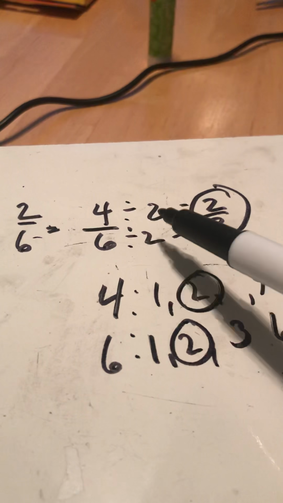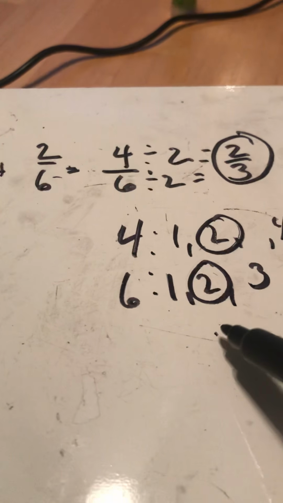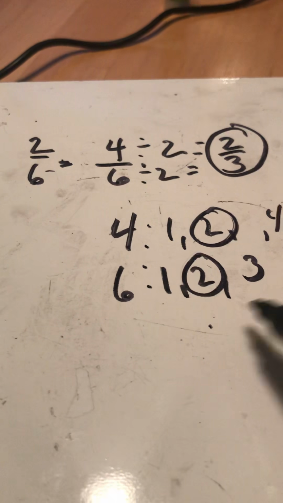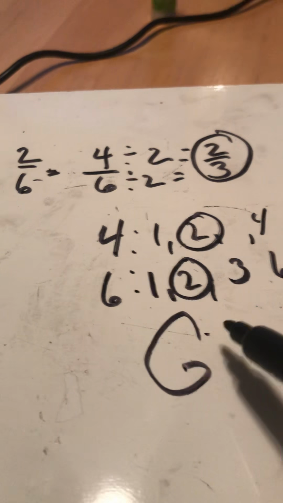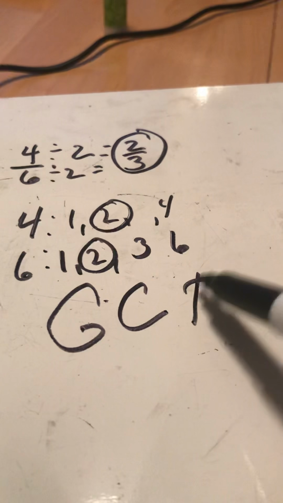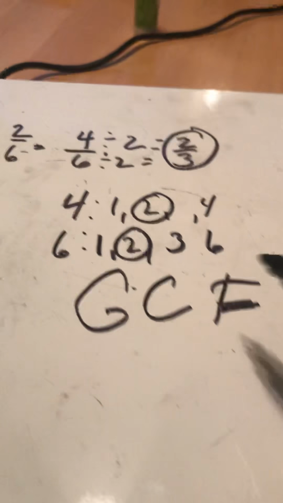And we said, hey, I can reduce that. So what we were looking for when we reduce to lowest terms, remember those mean the same thing, is the greatest common factor. That's a crazy one right there.